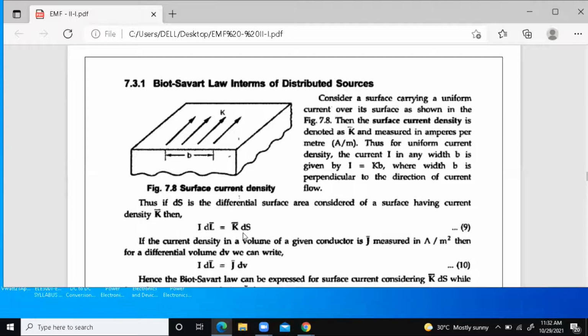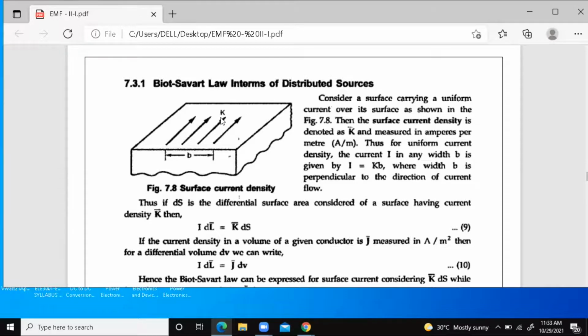Sorry, can you go over it? I'm thinking about J, the current density, being normal to the surface. Right, but K is normal to the direction of flow. Here we have the sheet, and current is flowing like this.